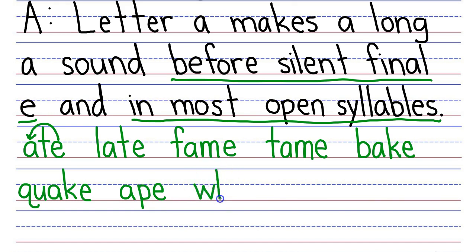We have a WH that says W, an A that says A, an L that says L, and a silent final E. W, A, L. Next word, wave. We have a W that says W, an A that says A, a V that says V, and a silent final E. W, A, V. Next word, fade.